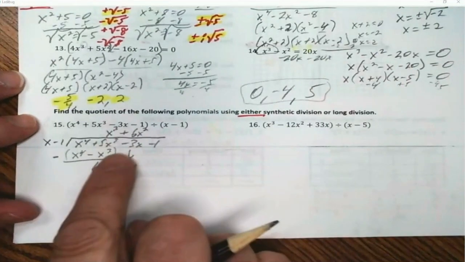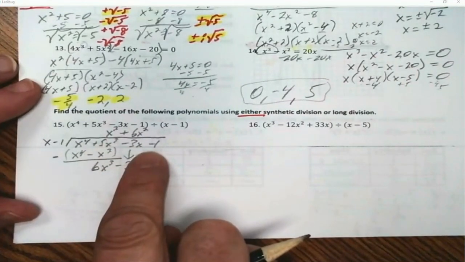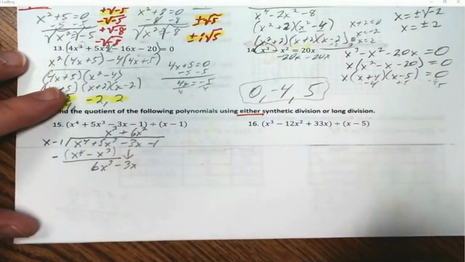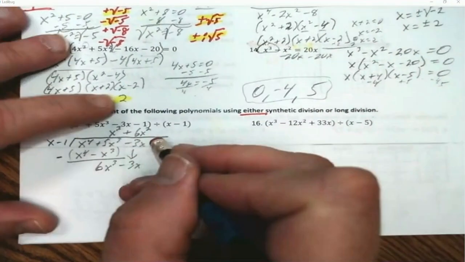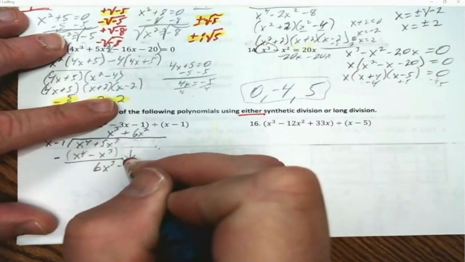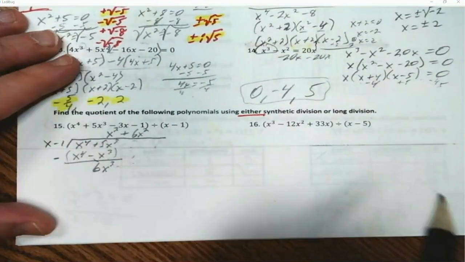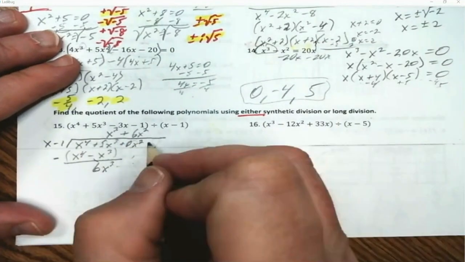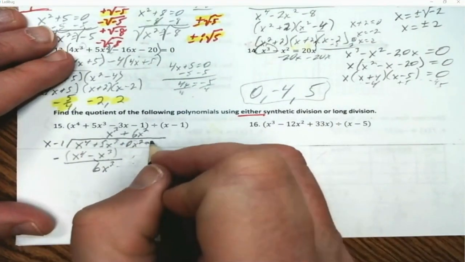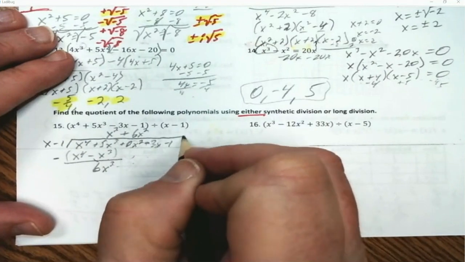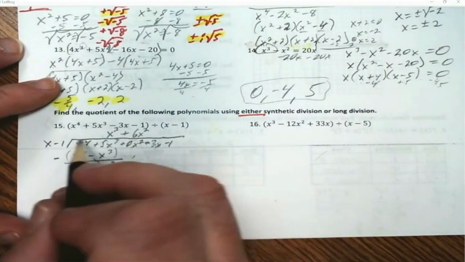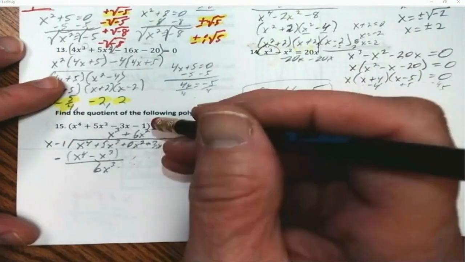Notice we didn't have an x squared term, so we've got to account for that. We have 0x squared, and then minus 3x minus 1. We've got to make sure it's lined up properly. So how many times does it go into 6x to the third? It's still 6x squared.